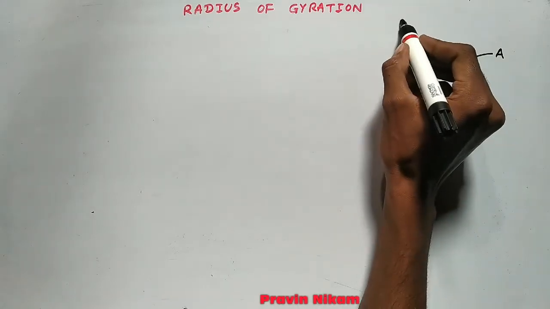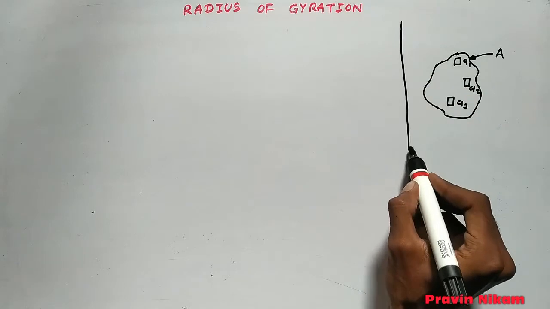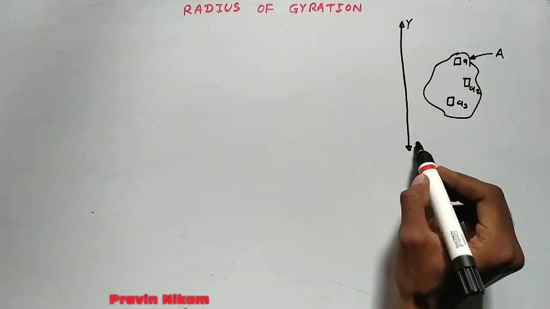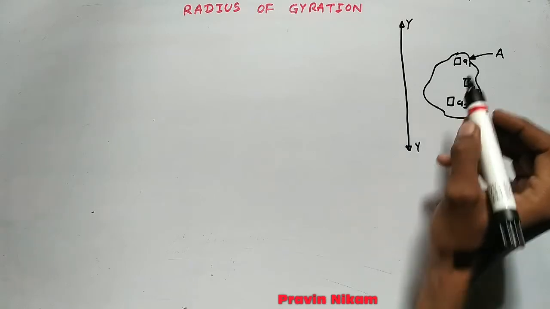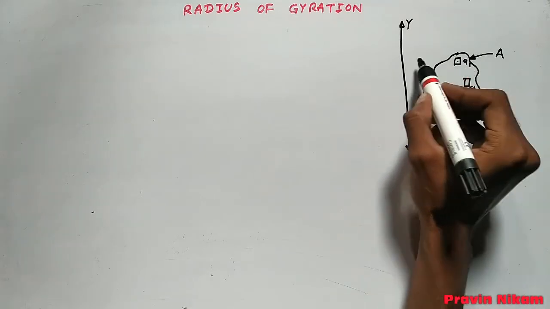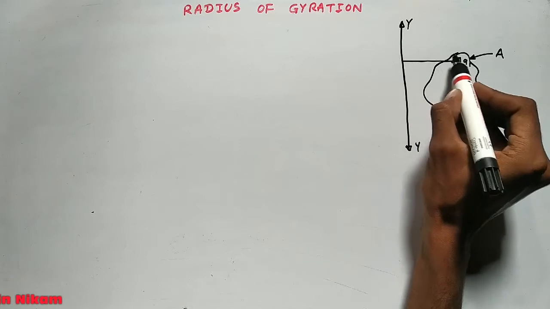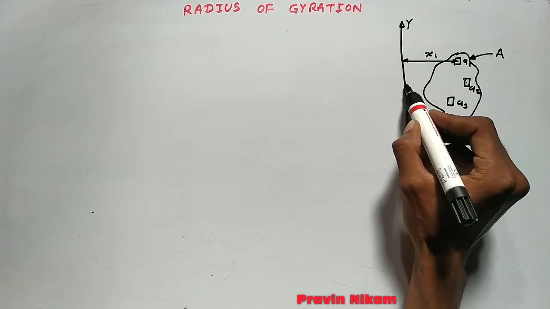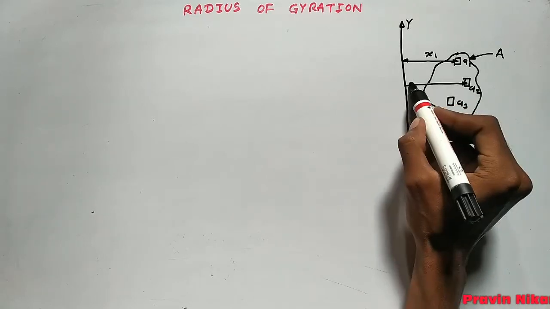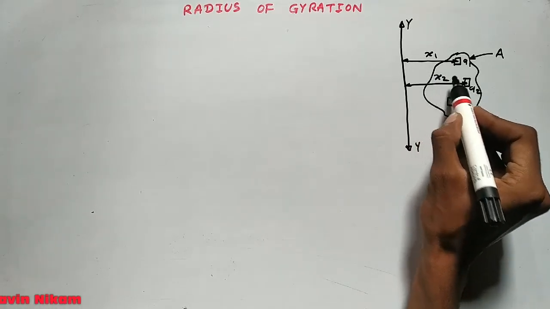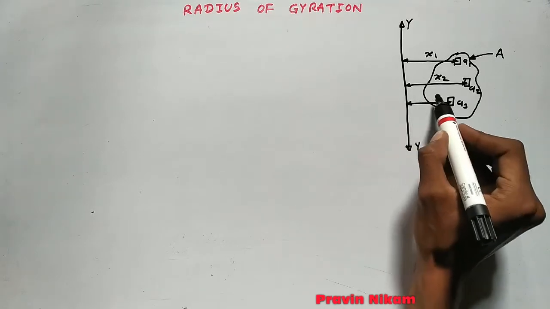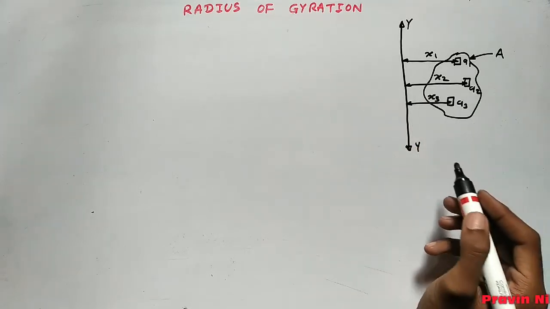Now take one vertical reference axis, that is y. The distance of area A1 from the reference axis is x1, of A2 is x2, and of A3 is x3.